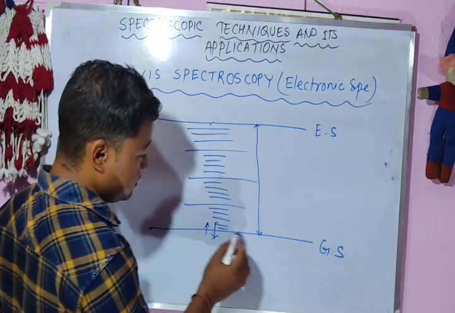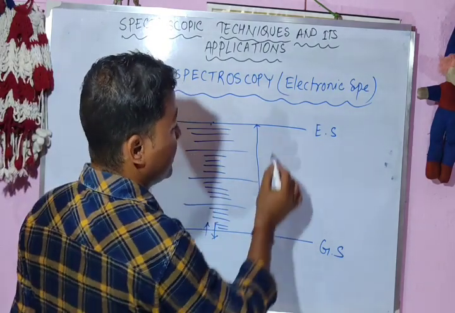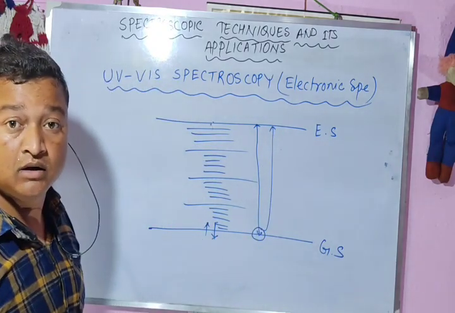So the electron jumps from one energy level to a higher electronic level.